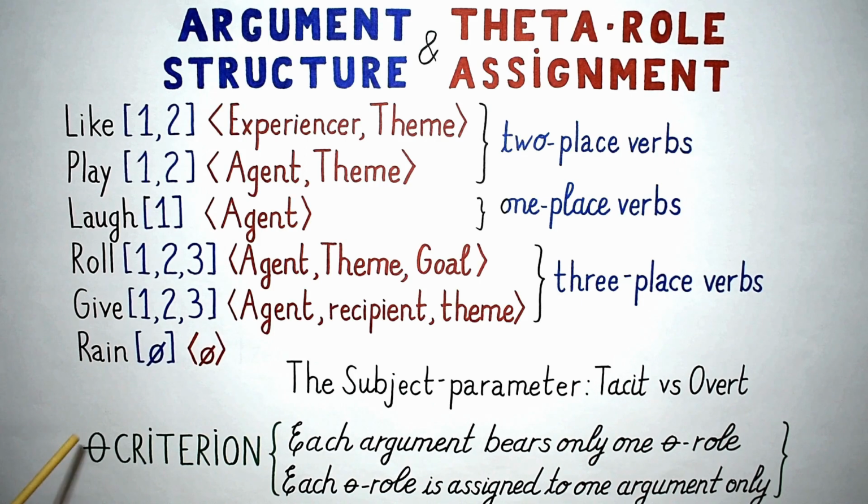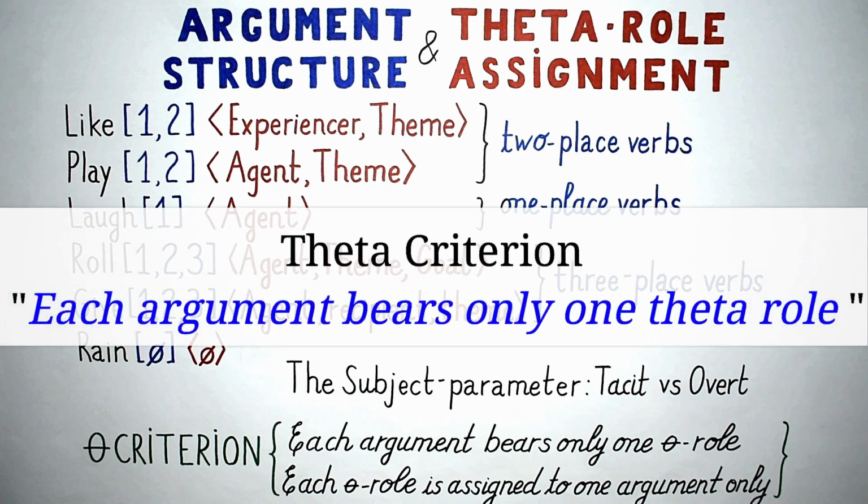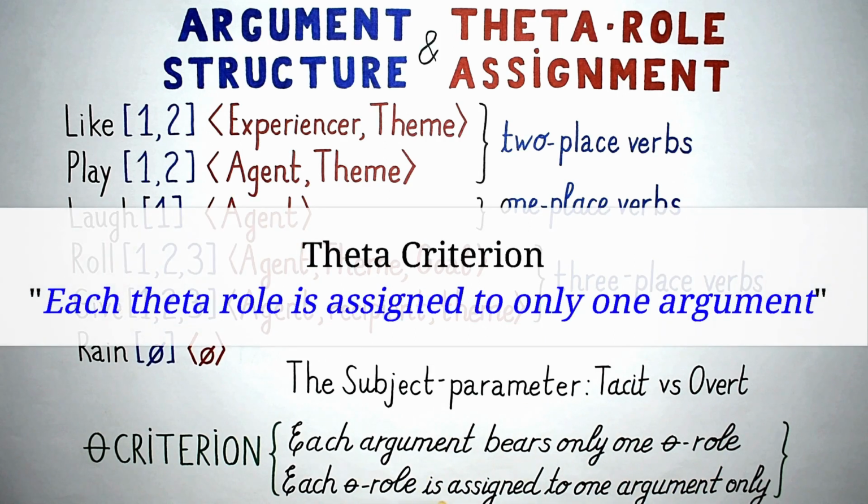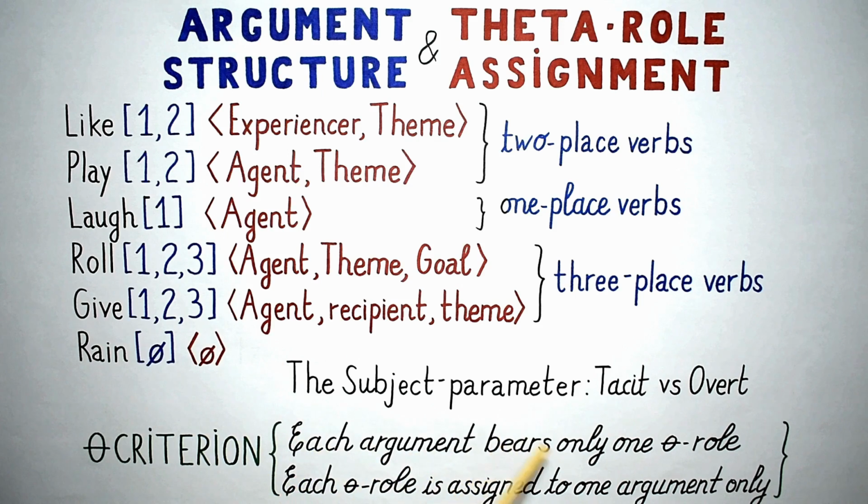But one such criterion is known as the Theta Criterion. What does the Theta Criterion state? The Theta Criterion states that each argument bears one and only one theta role, and that each theta role should be assigned to one argument only. So each argument bears only one theta role.